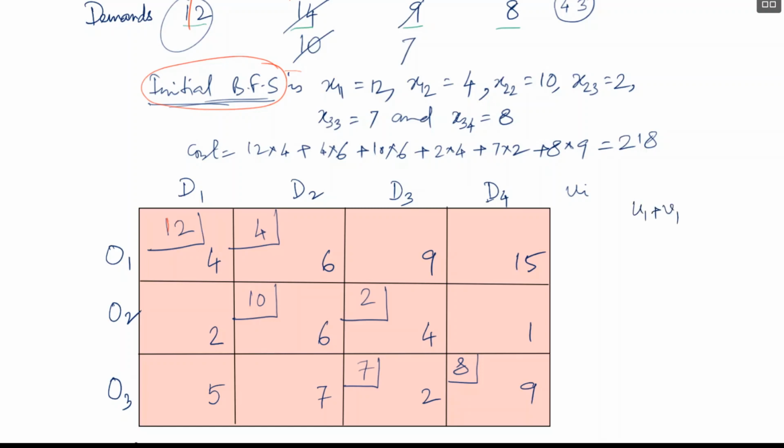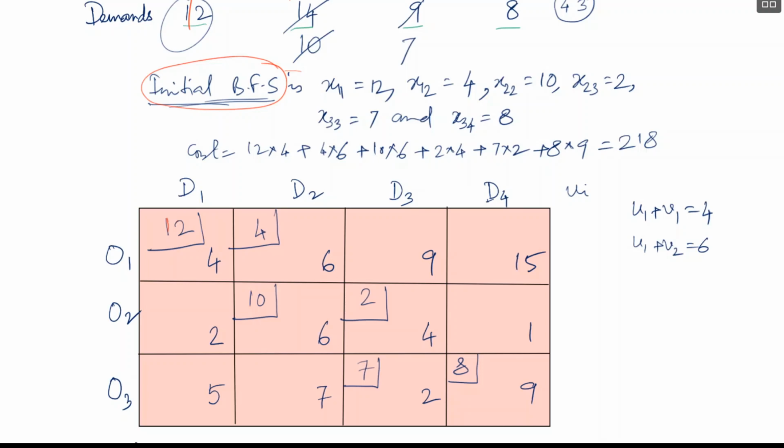u1 plus v1 will be equals to 4. Then u1 plus v2 will be equals to 6.